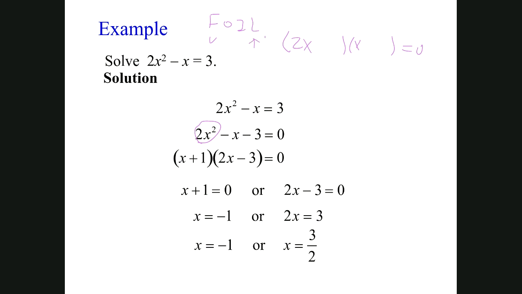So how do I factor the last term? Well, my last term here is -3, right? Since -3 is a negative number, I'm going to have one positive and one negative.